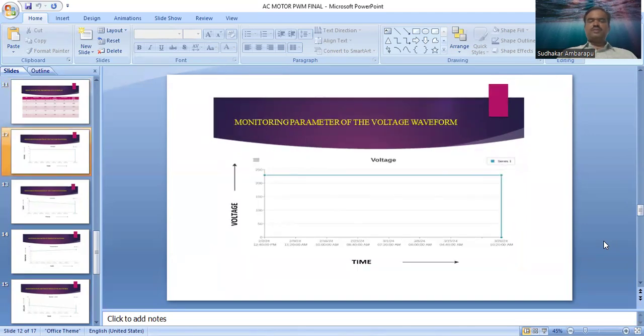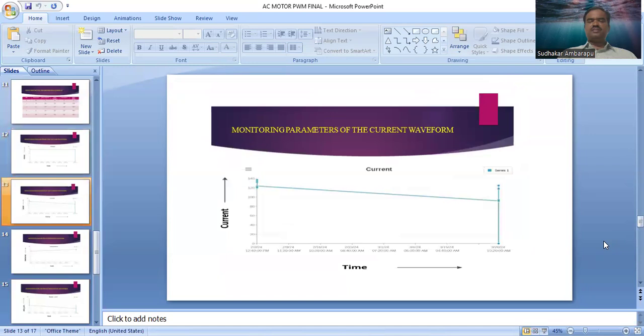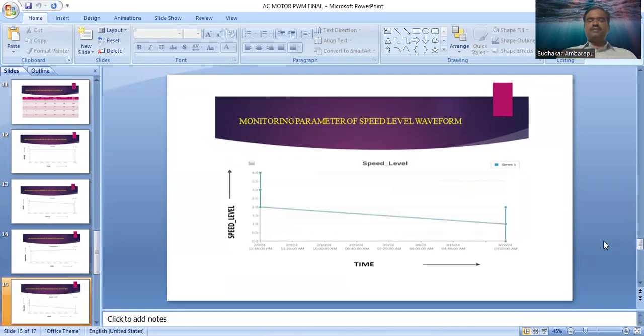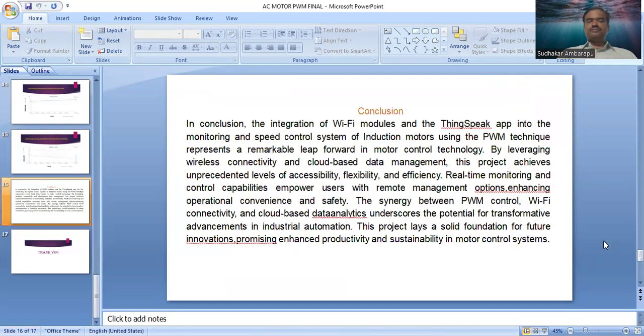Whenever these parameters, voltages and currents, are graphically represented with respect to time, they can be observed in different graphs like this: the current with respect to time, then temperature with respect to time, then speed with respect to time.